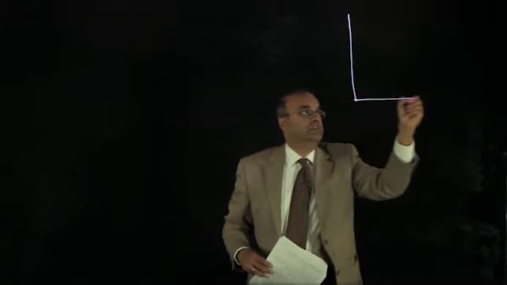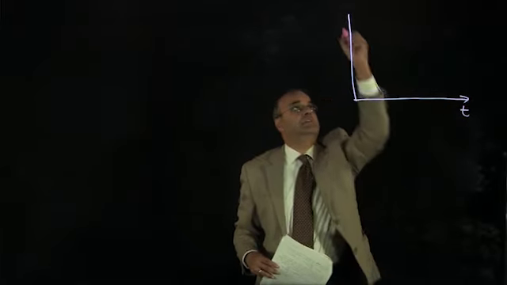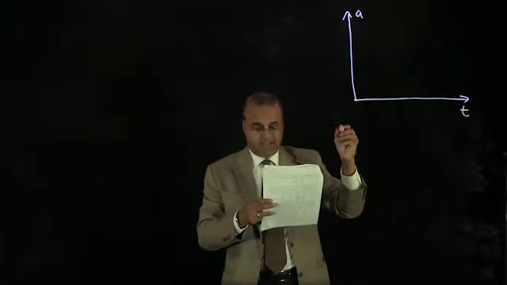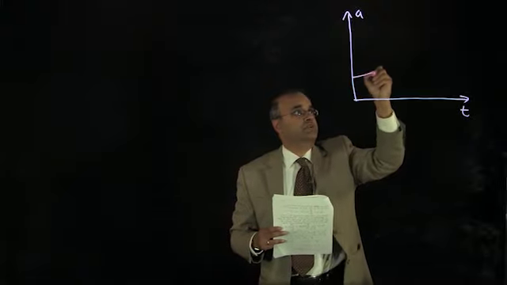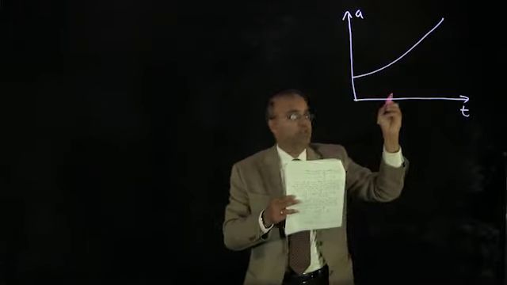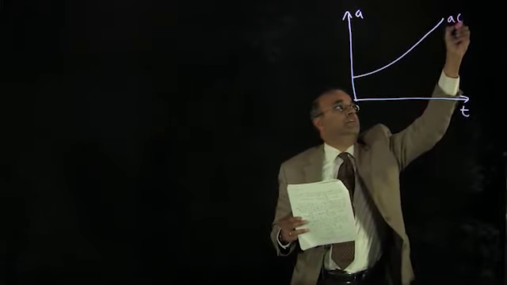Now let's consider a more generally changing acceleration as a function of time. So let me plot this. Suppose we have just some general function. I'll draw it like this, which is our acceleration as a function of time.